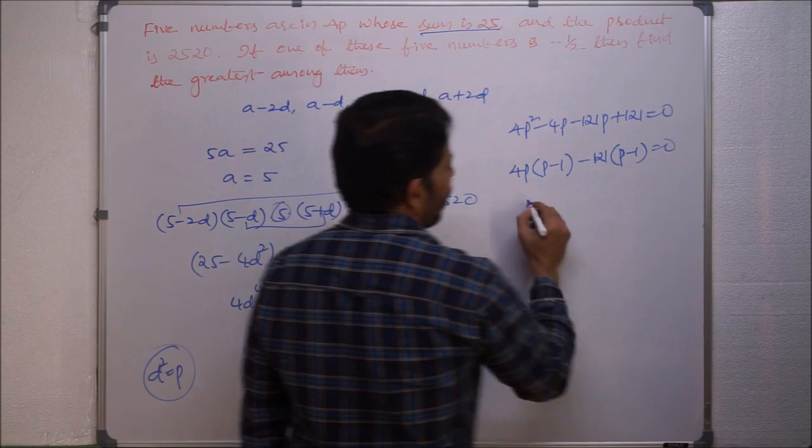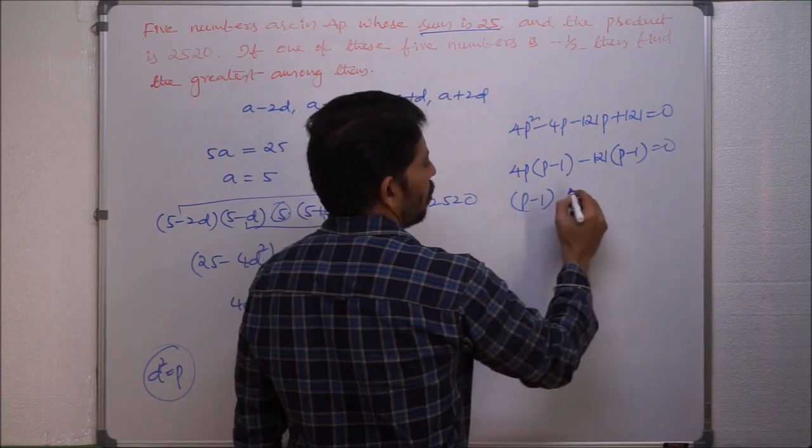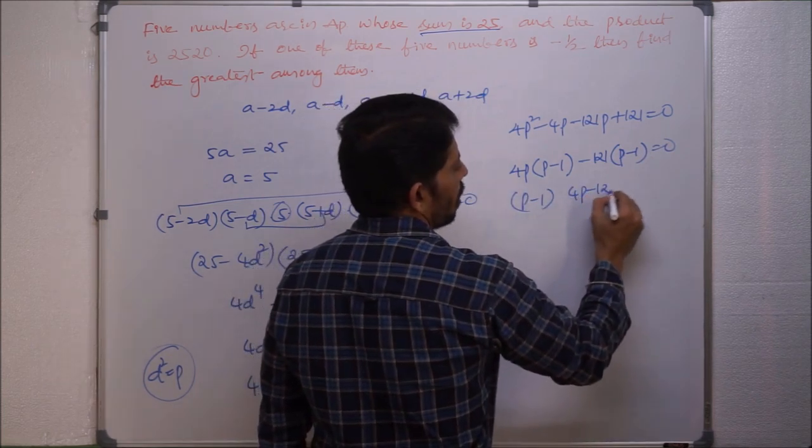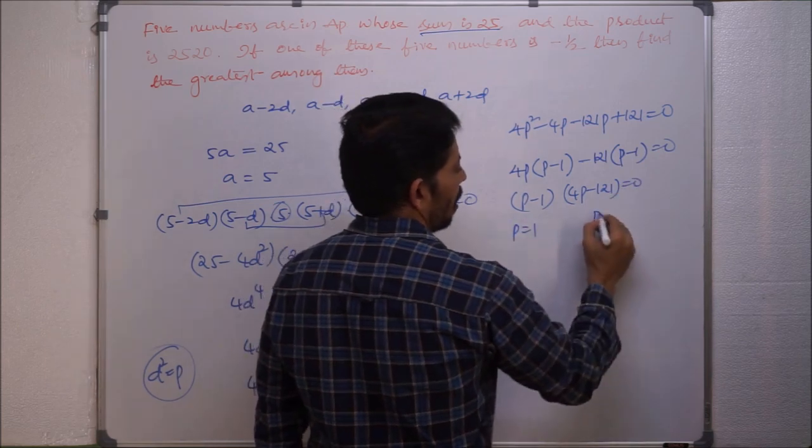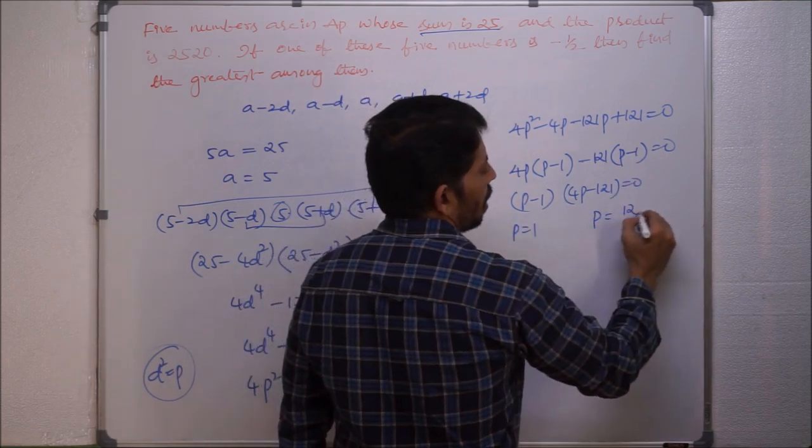So that is p minus 1 into 4p minus 121 equals 0. So p equals 1, p equals 121 by 4.